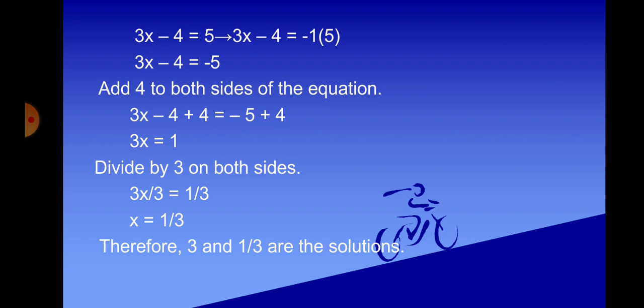So 3x minus 4 plus 4 equals negative 5 plus 4. So 3x equals negative 1. So divide by 3 on both sides. So 3x over 3 equals negative 1 over 3. So the answer is x equals negative 1 over 3. So therefore 3 and negative 1 over 3 are the solutions.